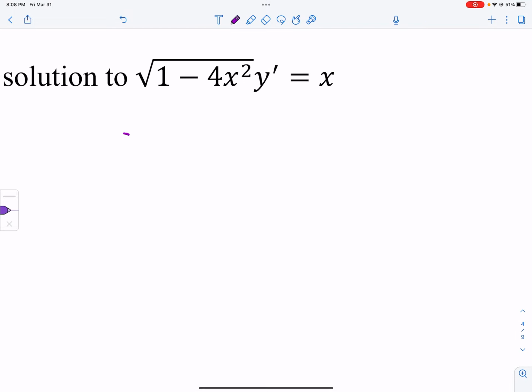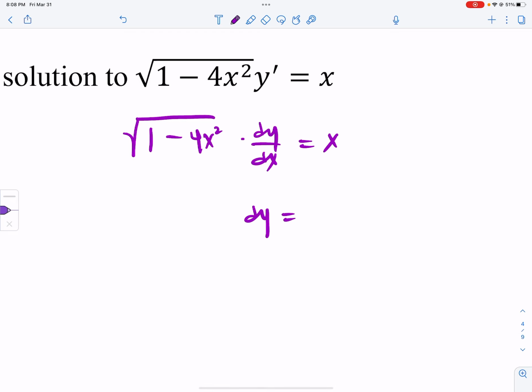Okay, let's do this one. So this would be the square root of 1 minus 4x squared times dy over dx equals x. Well, I'm going to have to divide by the square root of 1 minus 4x squared on both sides and then multiply by dx.